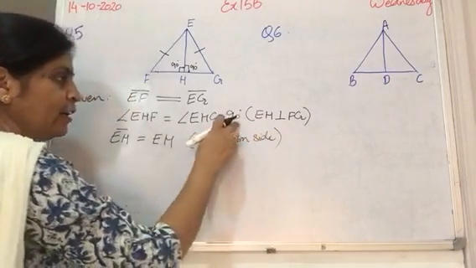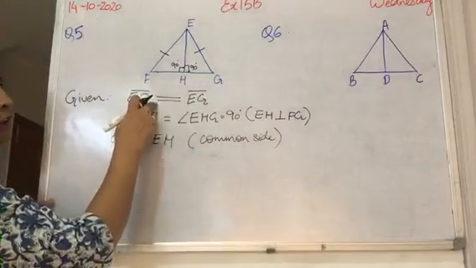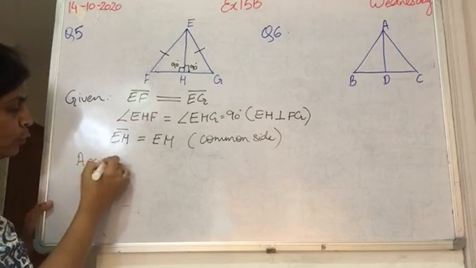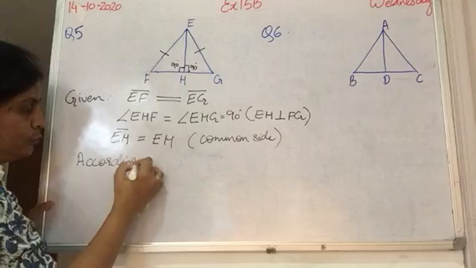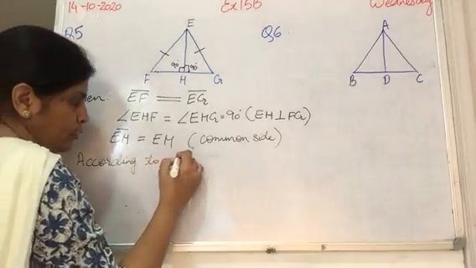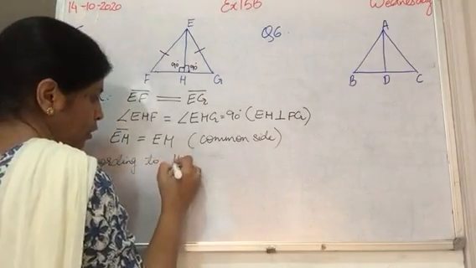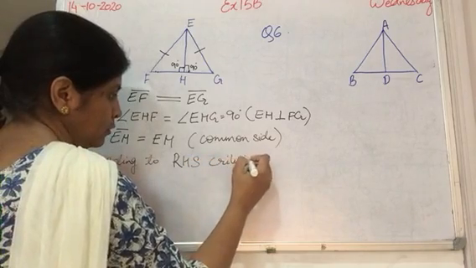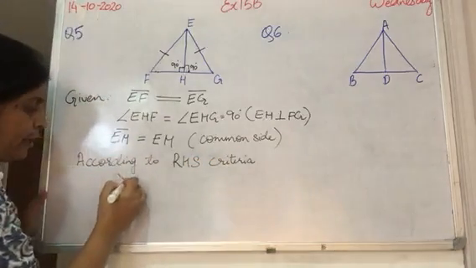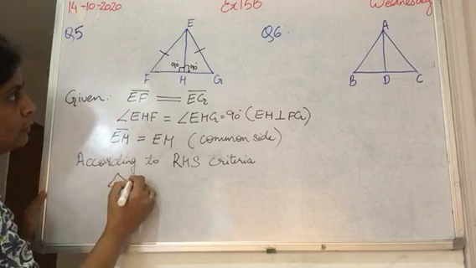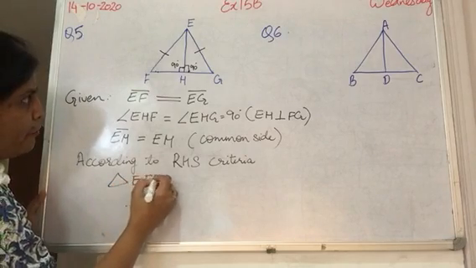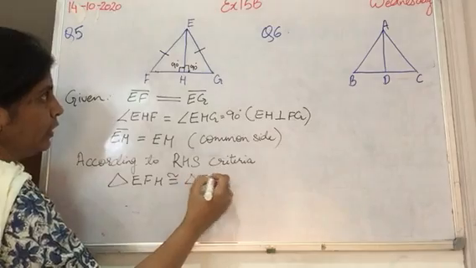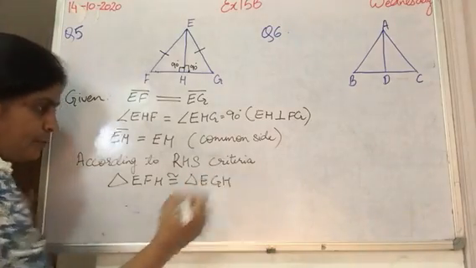Now we have the right angle, we have the hypotenuse, we have the perpendicular. So according to RHS criteria, triangle EFH is congruent to triangle EGH.